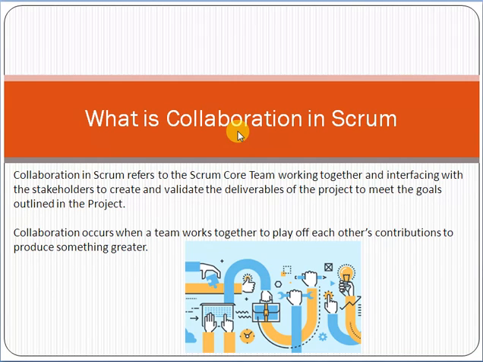Collaboration means people are working together. Scrum is based on a very collaborative approach, in which people work together, giving their inputs: how we can do it, what the estimates of this thing should be, how we can improve the process, how we can do continuous improvement.